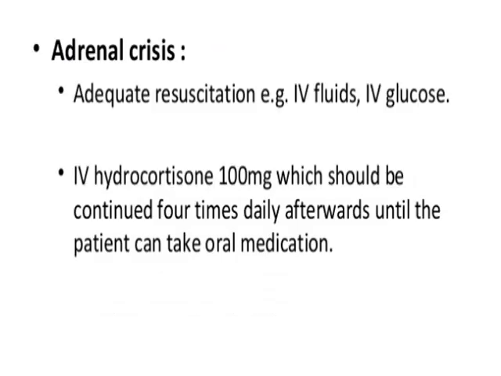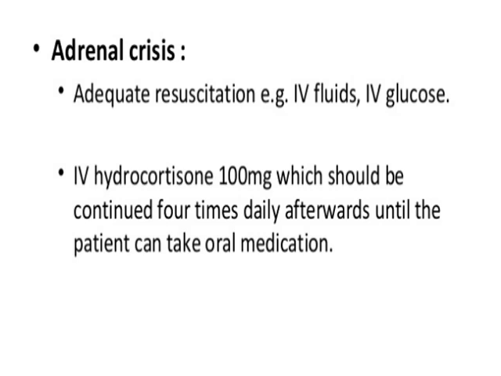Acute adrenal crisis requires prompt treatment with adequate resuscitation with normal saline and IV fluid. And if the sugar level is low, then IV glucose in the form of 25% or 50% dextrose water is given, and blood sugar should be monitored. A different panel of investigations is ordered: treatment of the underlying cause, screening for the infections, and replacement of the steroids with IV hydrocortisone 100 mg.